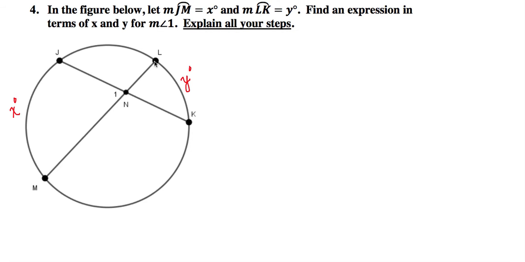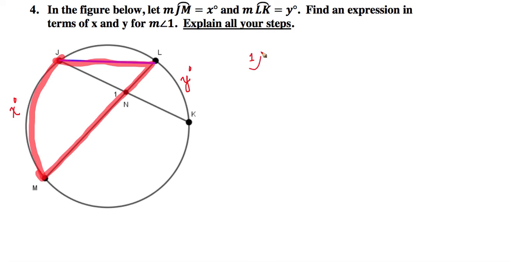So I'm going to start this time by taking a line and connecting it from J to L. And by doing so, what I end up with here is this angle that intercepts this arc right there. So we can say that angle L intercepts arc JM.